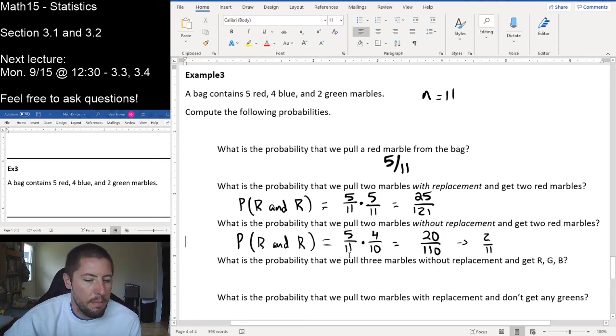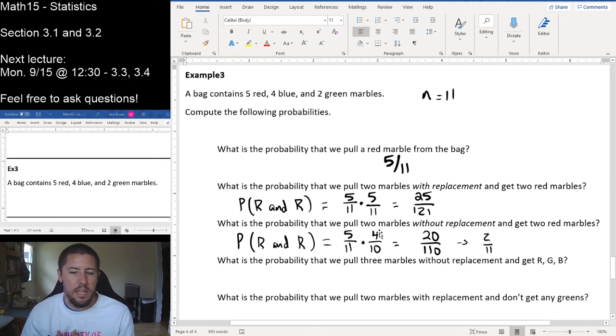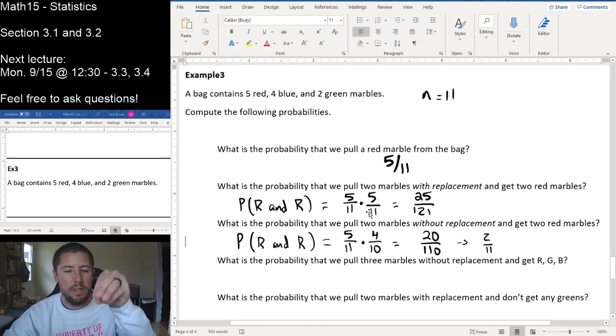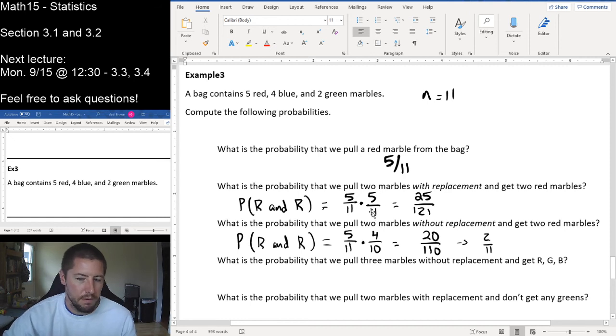The fact that a red marble got pulled and didn't get put back in the bag influenced our incoming probabilities for the next event. So in these two very similar examples, the one with replacement makes these events independent of each other, because when we put the marble back in the bag, all the probabilities for the second draw are the same as for the first.